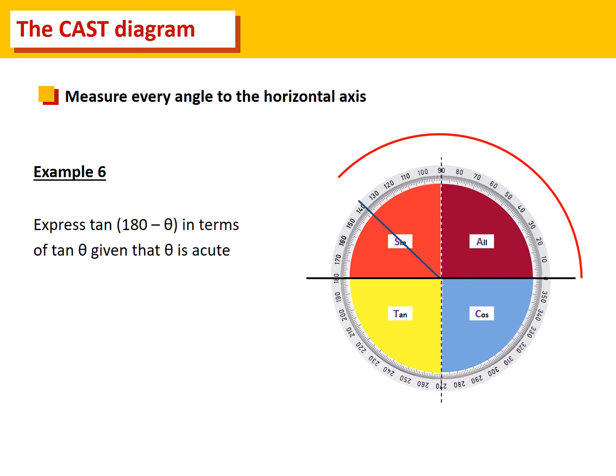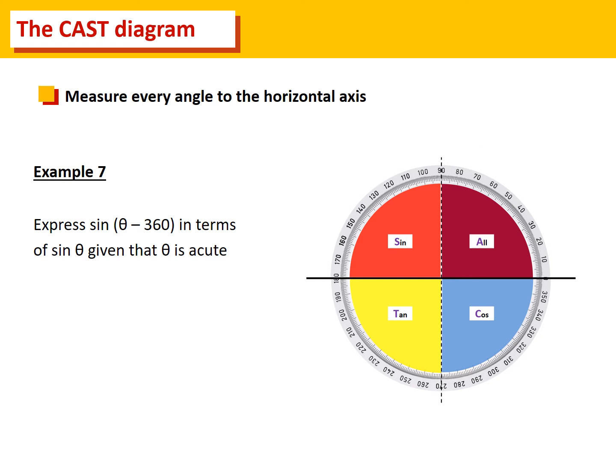And therefore, 180 minus theta, we can see that that's theta to the horizontal axis. In the red quadrant, tan is negative, so tan of 180 minus theta will be negative tan theta.